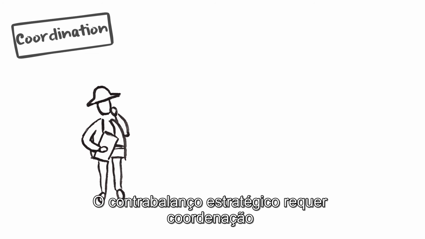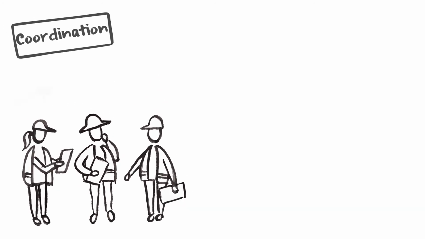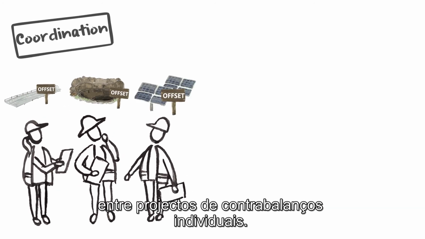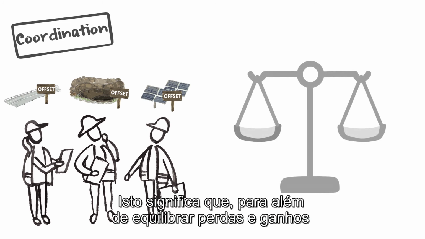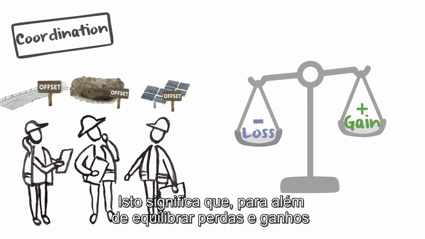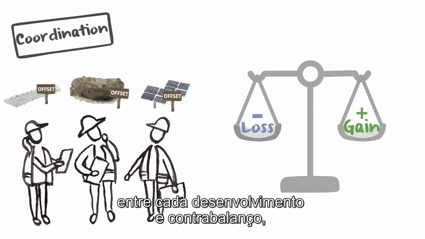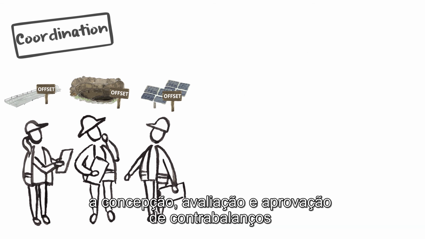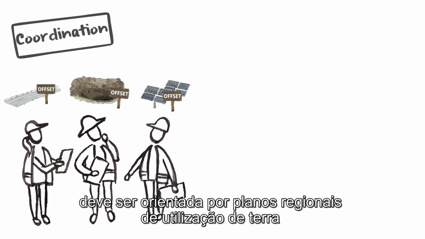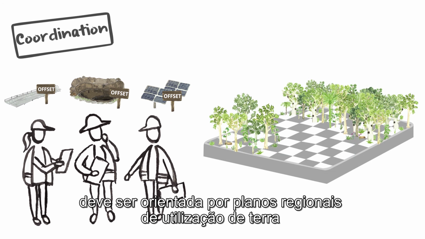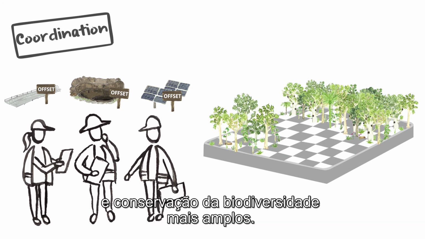So, strategic offsetting requires coordination across individual offset projects. This means that in addition to balancing losses and gains between each development and offset, the design, assessment and approval of offsets should be guided by broader regional land use and conservation plans.